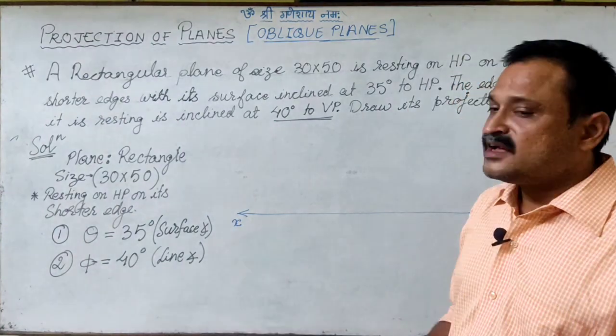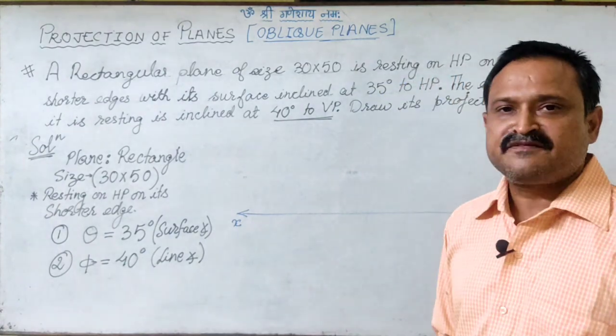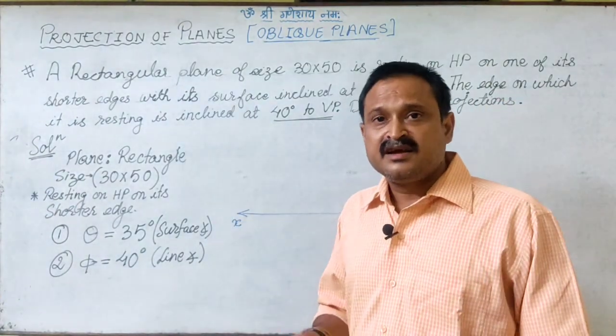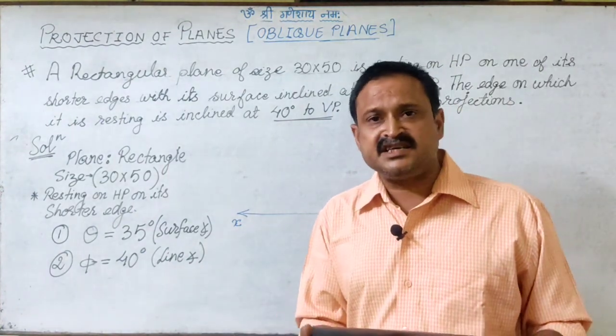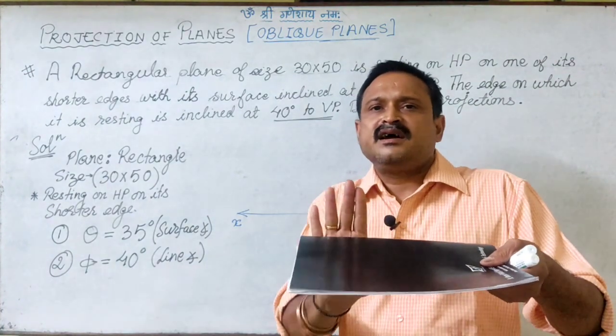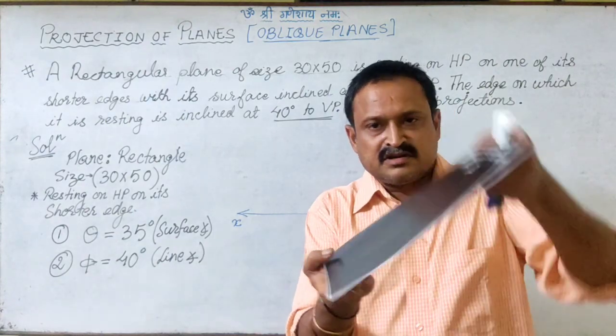Here nothing is mentioned as such about how far this plane is from the reference planes. So one condition is for sure that it is resting on HP, but it is at a comfortable distance from VP.